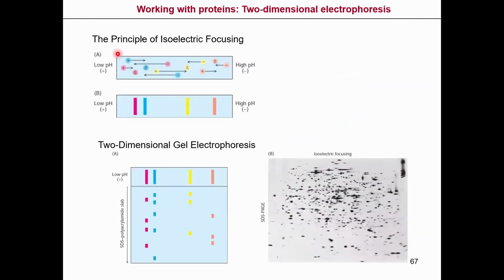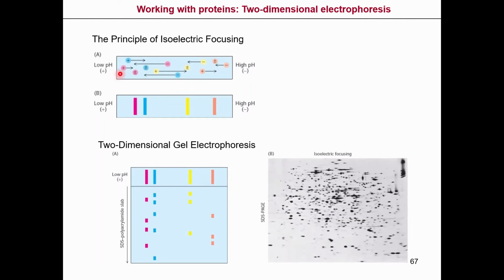After that, we can make 2D electrophoresis, so two-dimensional electrophoresis. In the first dimension, you have the pH gradient. Okay, so you have low pH and high pH, and you know that the protein will migrate according to the charge.